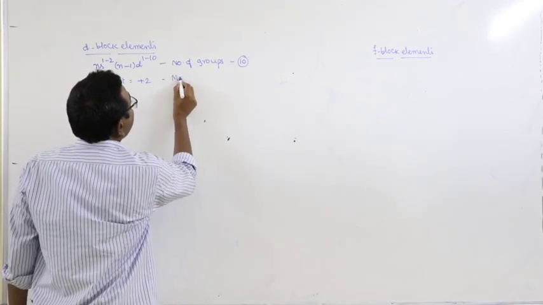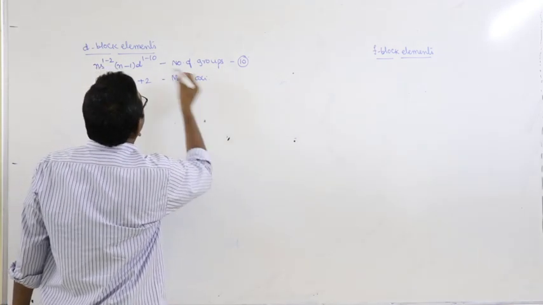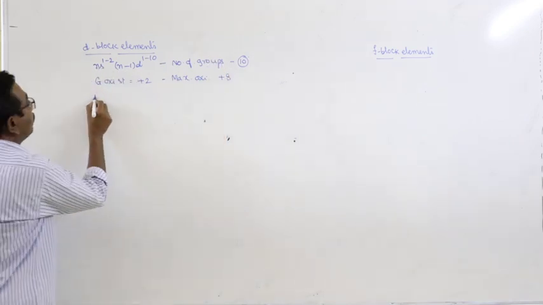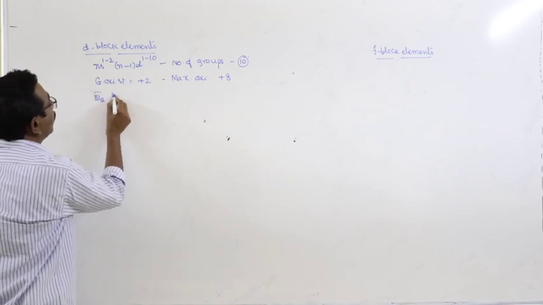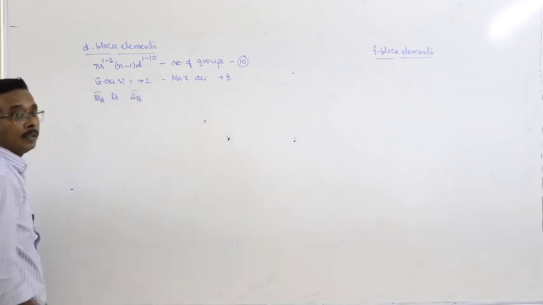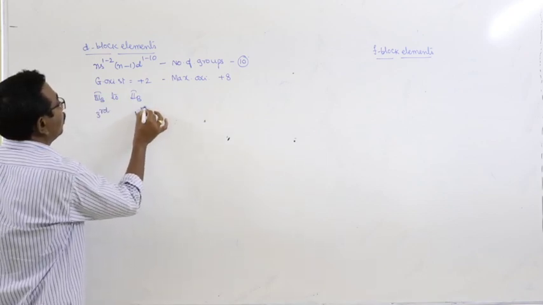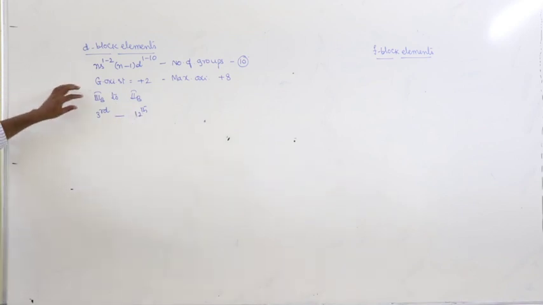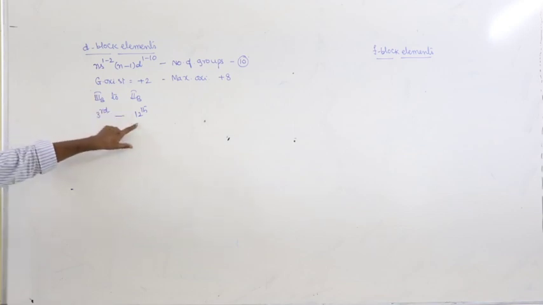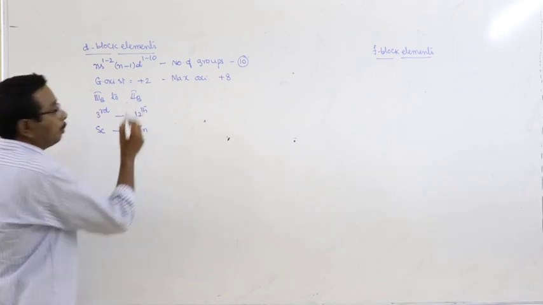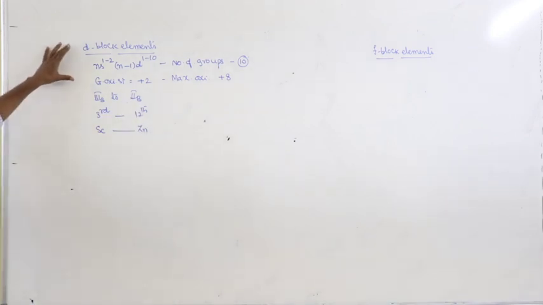And the maximum oxidation state shown by the d block elements is +8. The elements from 3rd B to 2nd B, or the elements from 3rd group to 12th group, or the elements from the scandium group to the zinc group are collectively represented as d block elements. But here there is a specialty.